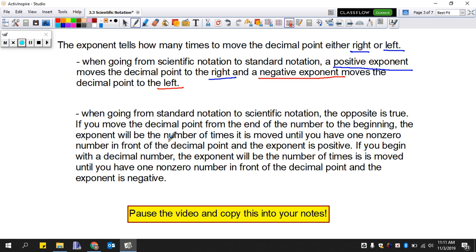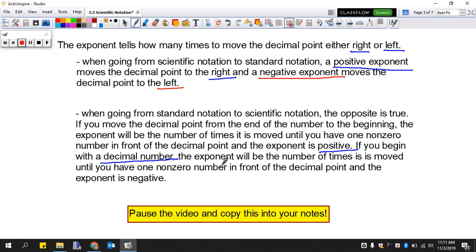If you begin with a decimal number, you know that the exponent is going to be a negative number. So the number will be the number of times it's moved until you have one non-zero number in front of the decimal point, and once again, you make it a negative.